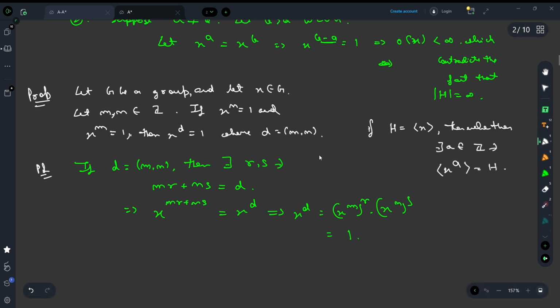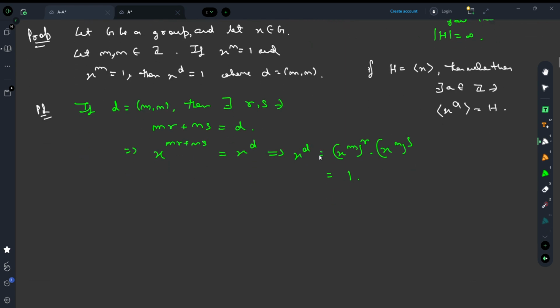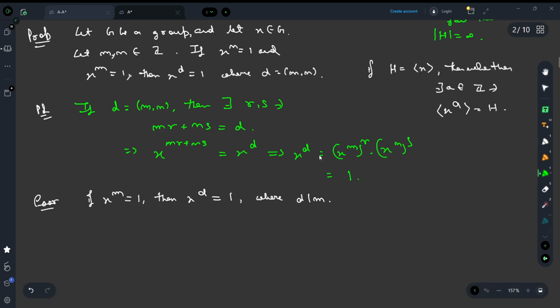Now, if we have this in hand, then what can we say about elements dividing a certain order? So we can talk about a corollary of this proposition. If x to the power m is 1, then x to the power d is 1, where d divides m.